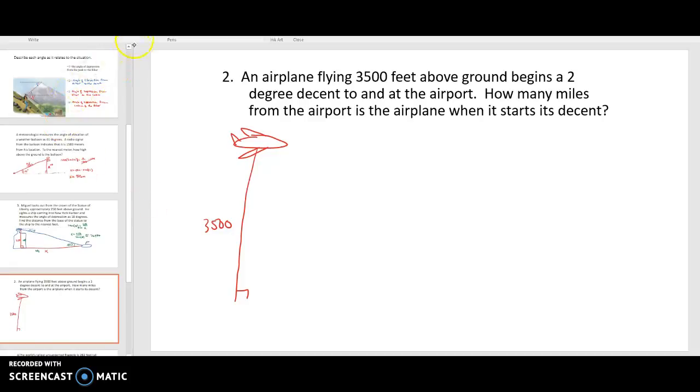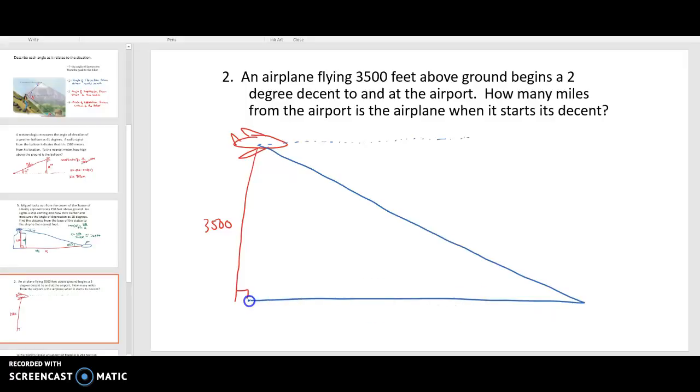Now, what it says here, remember, the airplane right now is flying horizontally, right? But then it says it begins to make a 2-degree descent to the airport, right? So what happens is as it descends here, and obviously this is not 2 degrees, but the airport is going to be down there.